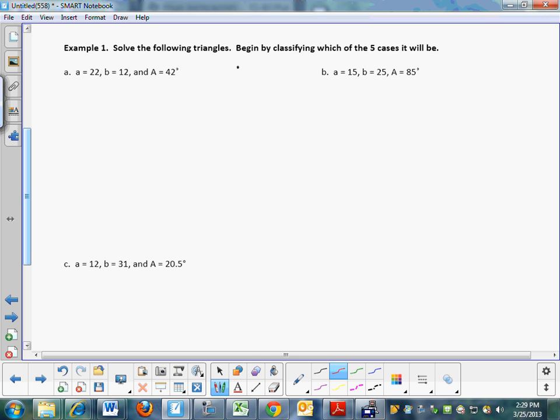Solve the following triangles. Begin by classifying which of the 5 cases it will be. Okay, let's draw it. We've got A, B, C. Angle A is 42 degrees, side B is 12, and side A is 22.